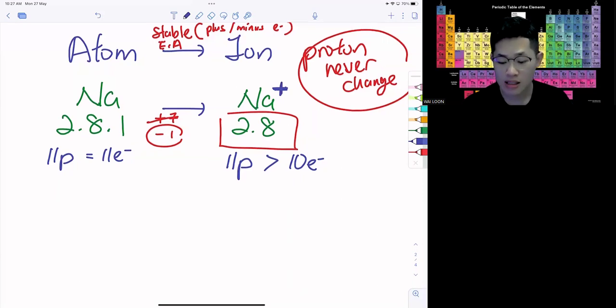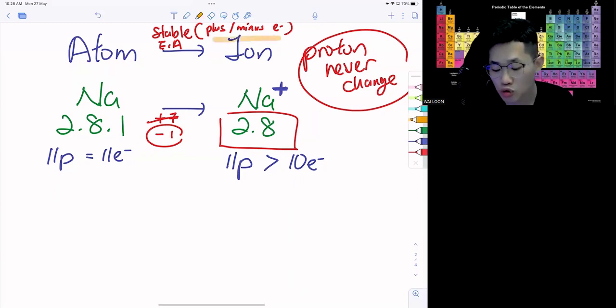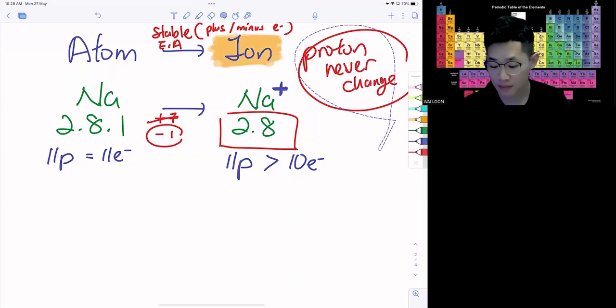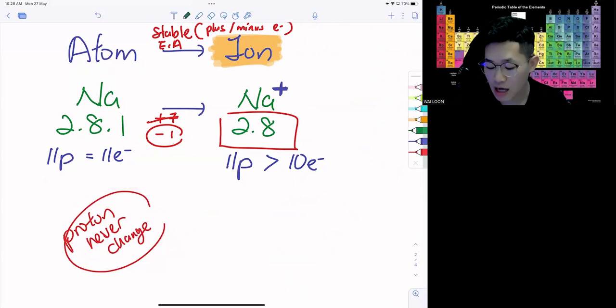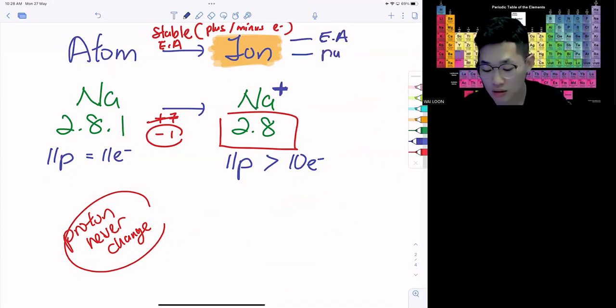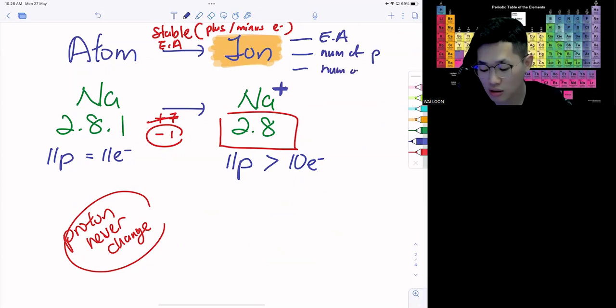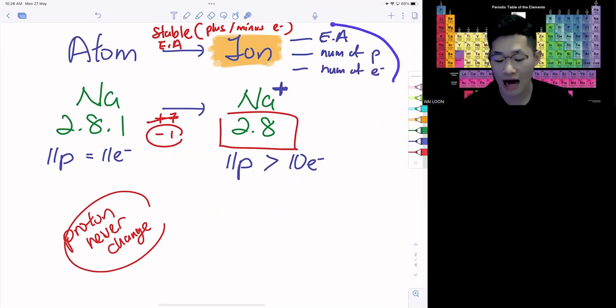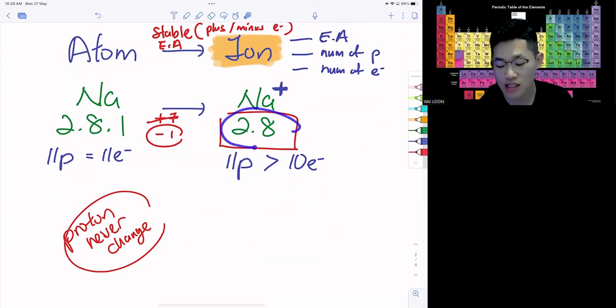Okay. So one thing you have to be very careful about is when they ask you to identify the electron arrangement of an atom, the number of proton or number of electron for an ion, you have to always refer to this here.